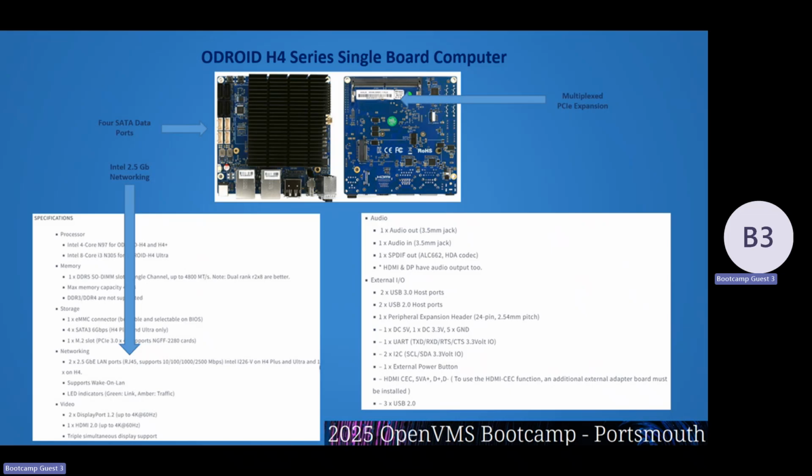It has 4 SATA data connectors on it. So this is a really good candidate for a system installed the way I like, which is everything that makes the VMS system just run on one device and everything else on the other. You put the SATA cards in here, and shadowing will keep the two of them together.